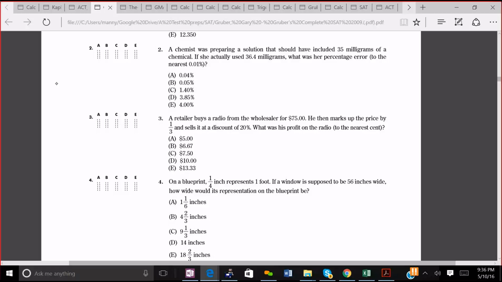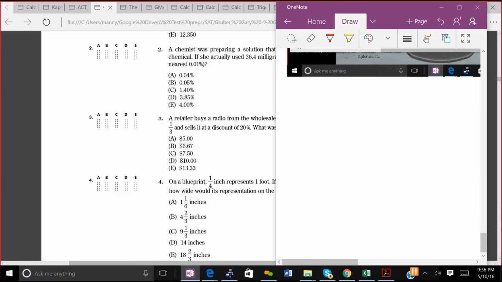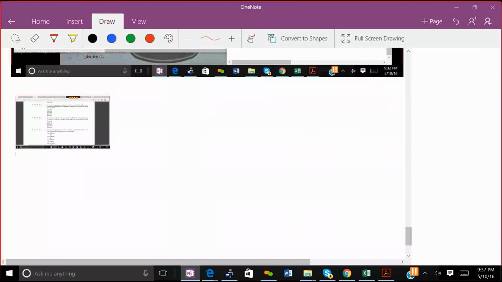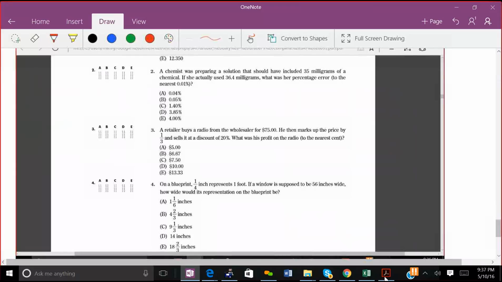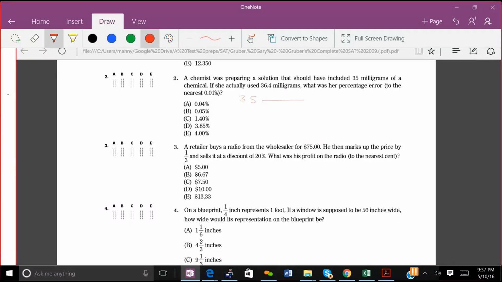No, it's not actually. That would be C. What happened here is 35 changed to 36.4, so the change was plus 1.4, right? Using the COP method, remember the change goes on top, plus 1.4, divided by the original, which is 35, times the P, which is 100%.